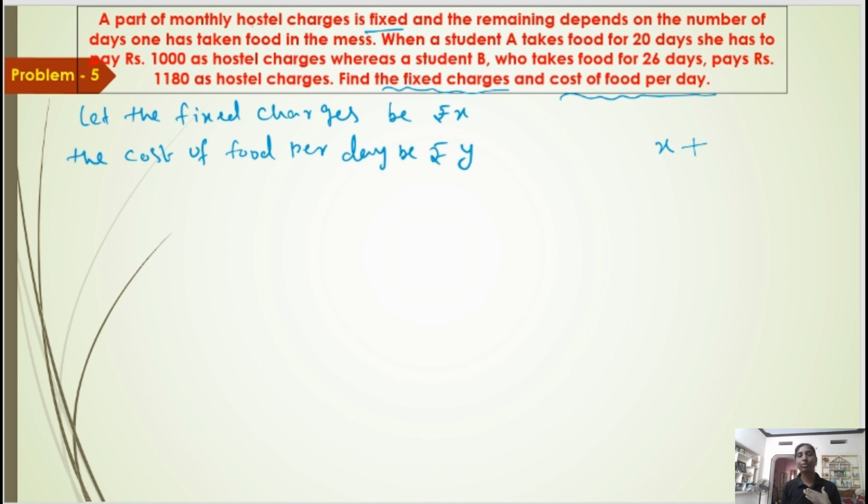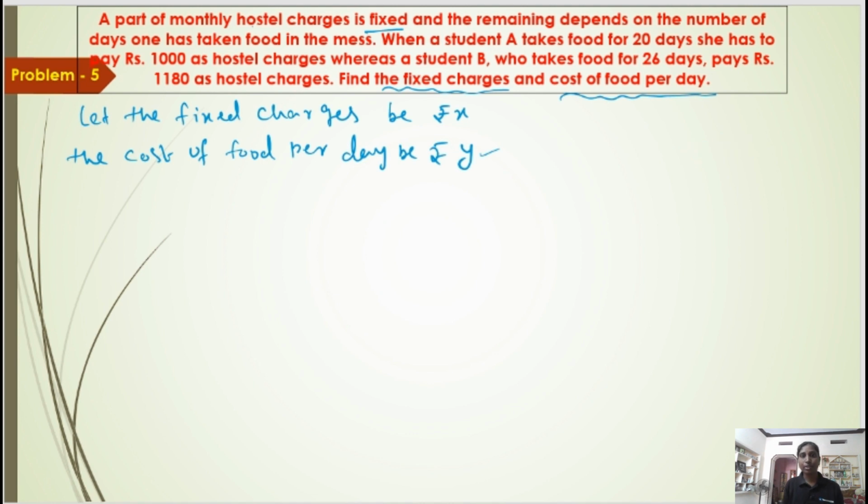Suppose I take food for 20 days, I will have to pay for 20 days only. Suppose you take food for 15 days, then you have to pay for 15 days only. But for that we should know the cost of food per one day. Here the cost of food per day is y rupees. So if I take food for 20 days, I will have to pay 20y rupees. Clear? So we will use this concept here.